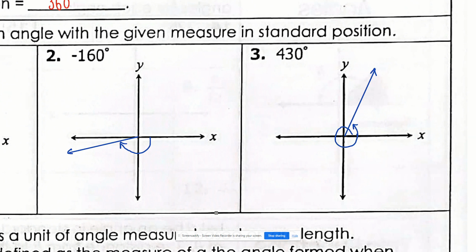So one more time. One more example. 430 would be equivalent to what? 70. How far is 430 from 70? 360 degrees. Okay? See, 430 and 70 would be, in a way, equivalent angles. Why? Because they're in the same quadrant.